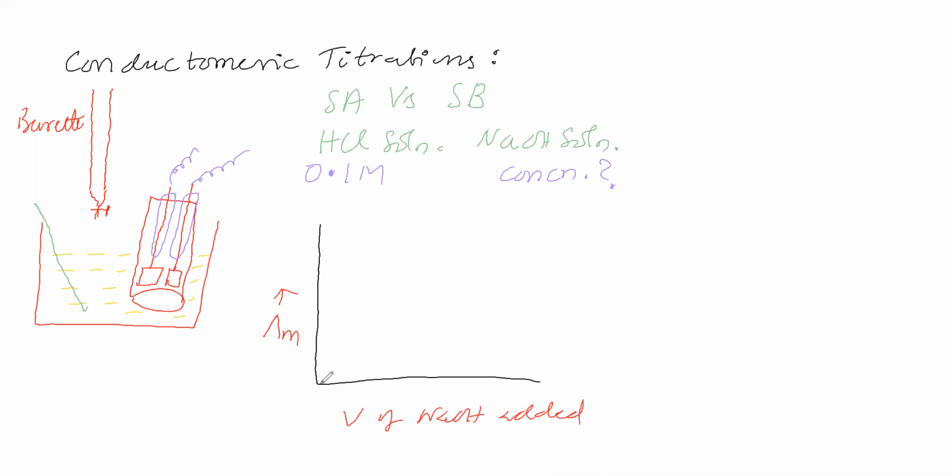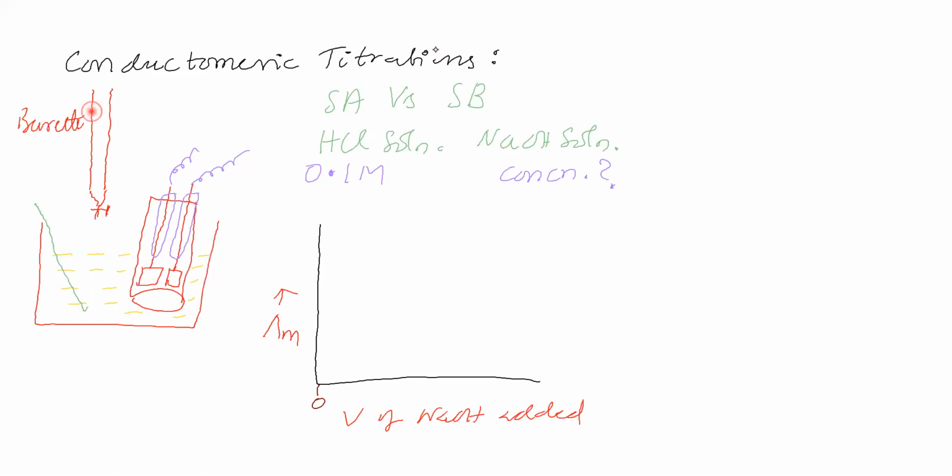First, the volume of sodium hydroxide added is 0, which means this vessel contains only HCl solution. You are taking HCl in this conical flask, and in this burette you are taking sodium hydroxide solution.